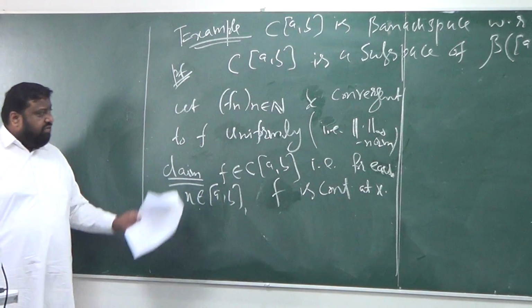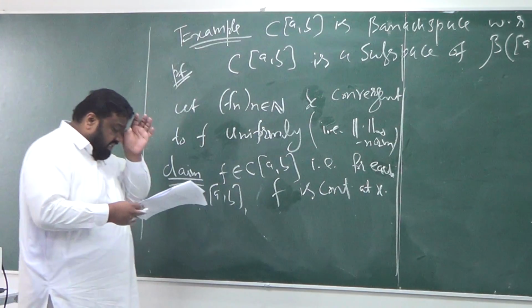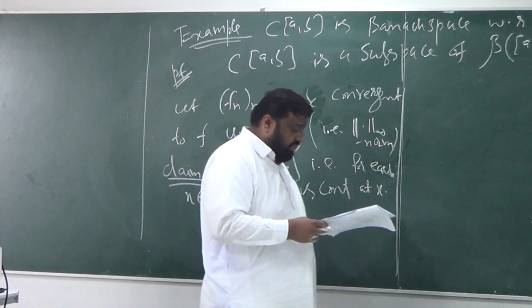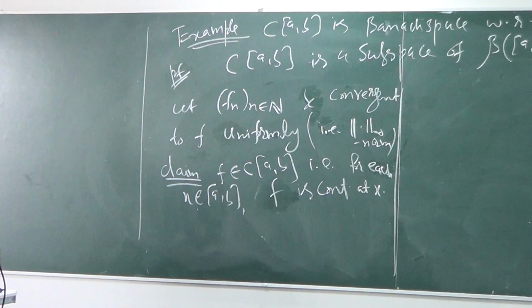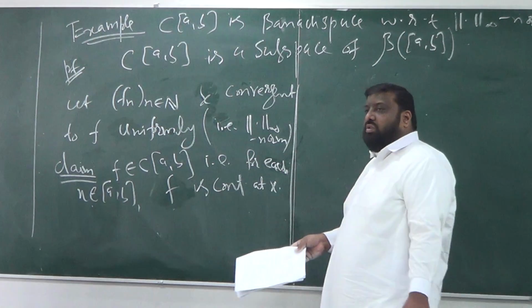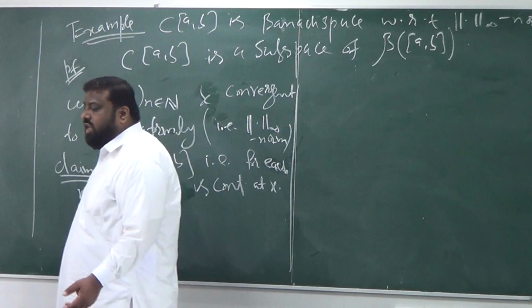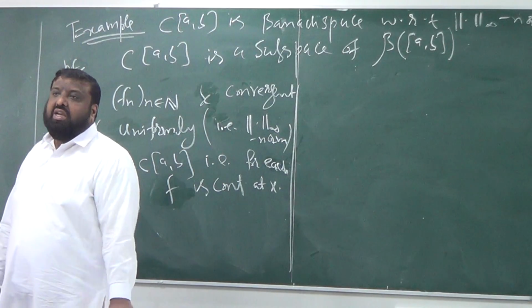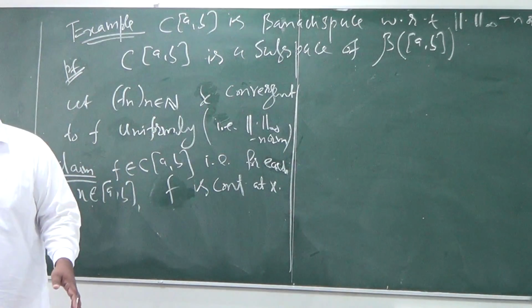Continuity of f can follow from this uniform convergence. In order to show continuity, what do we need to show? We are following the definition that continuous maps are those maps which map convergent sequences onto convergent sequences.